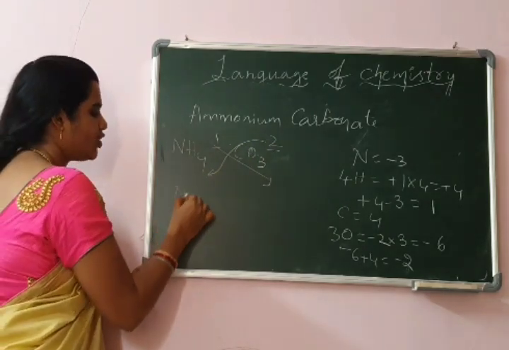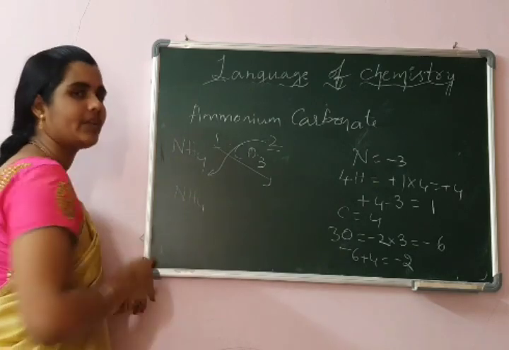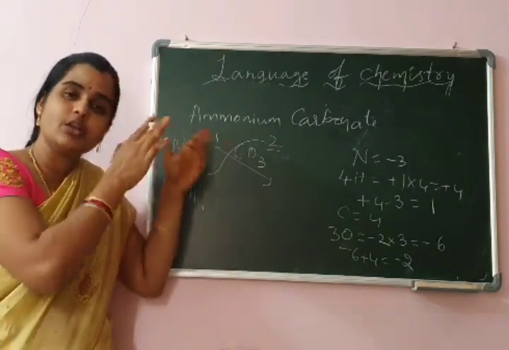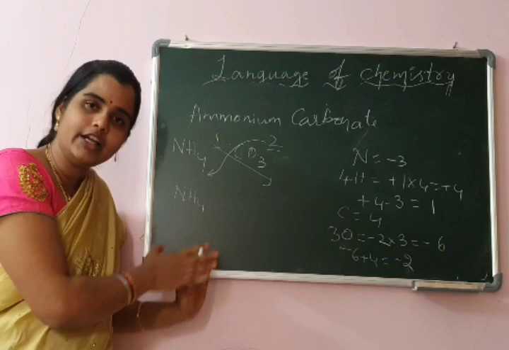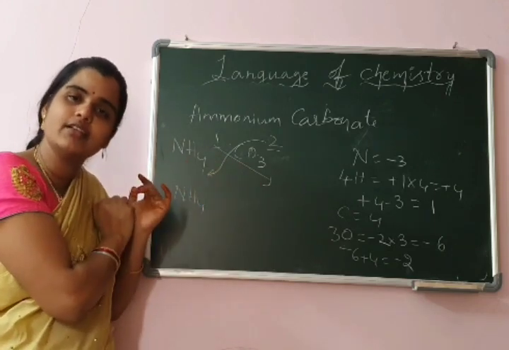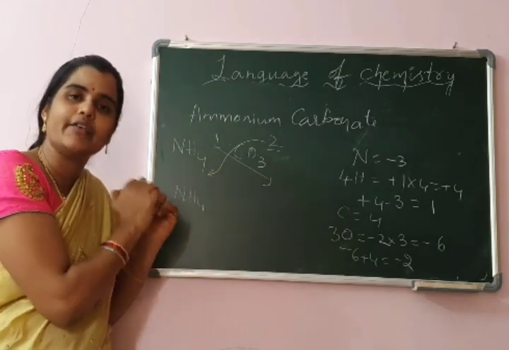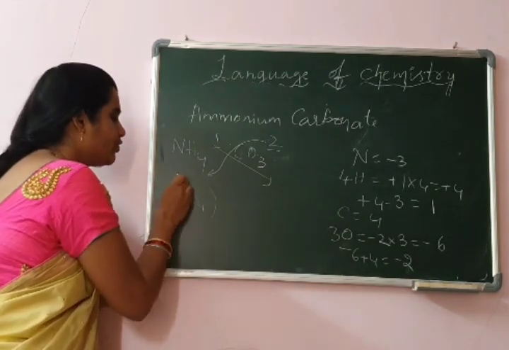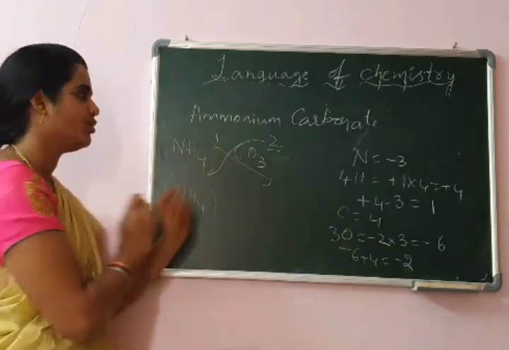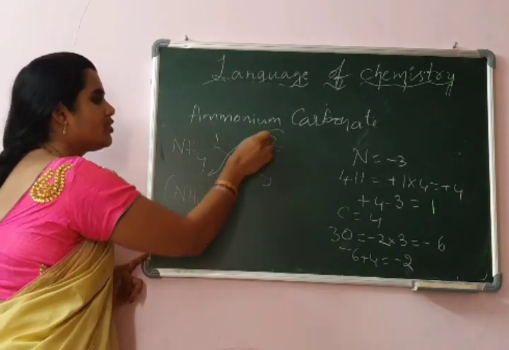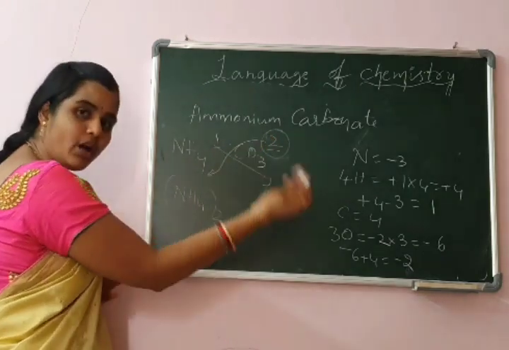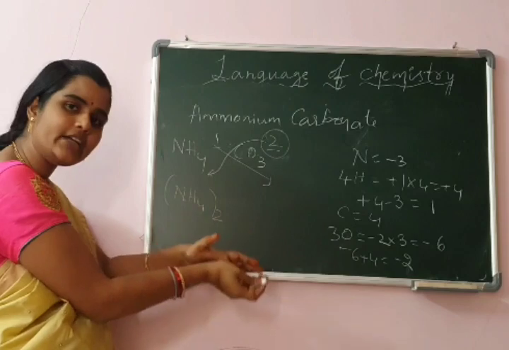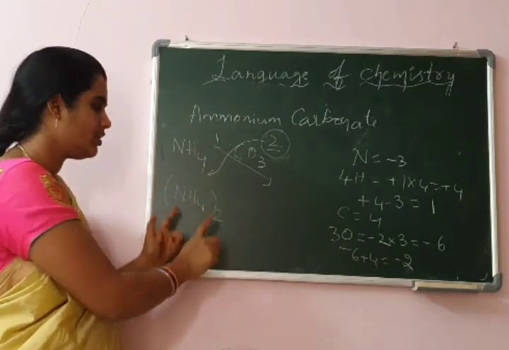So NH4, I told you, if it is a group of radicals and you are representing any suffix to it, you have to use a small bracket for that. So (NH4)2. That means this 2 belongs to both nitrogen and the 4 atoms of hydrogen.